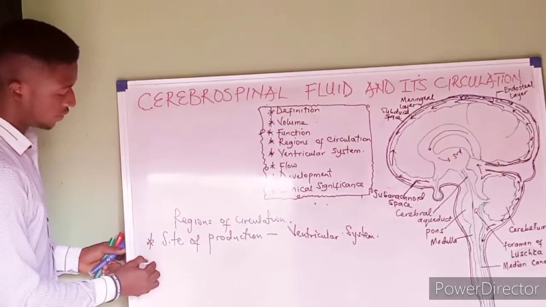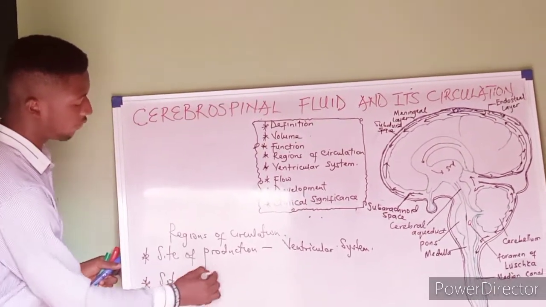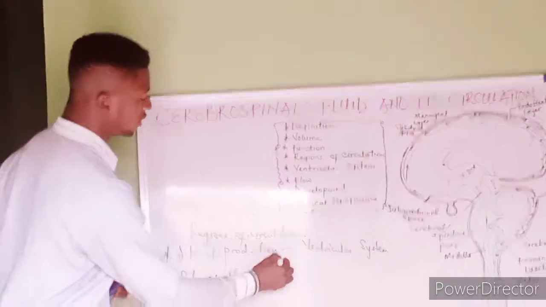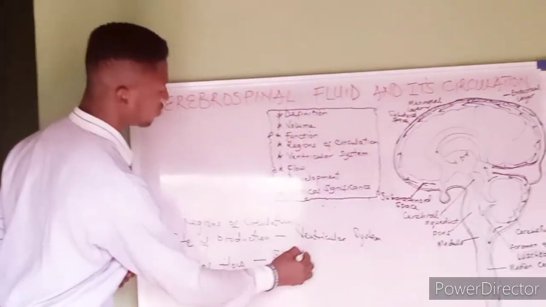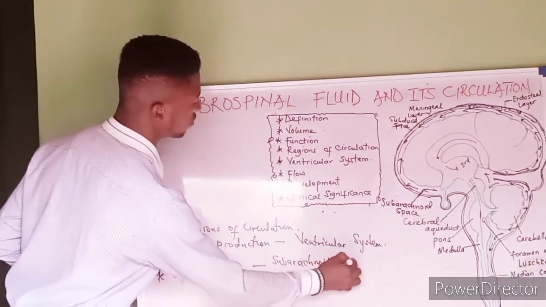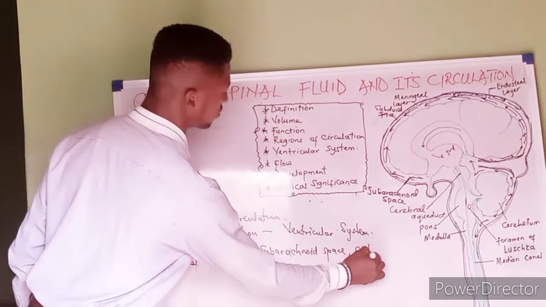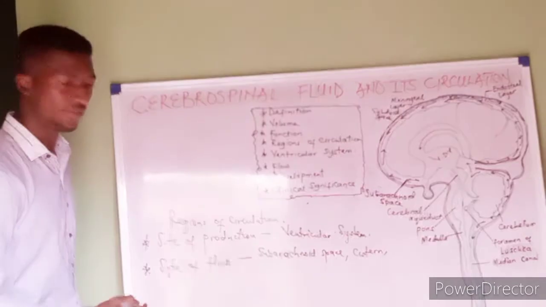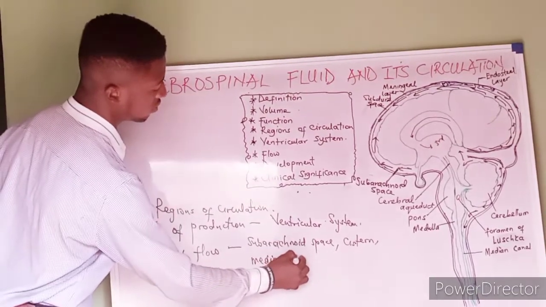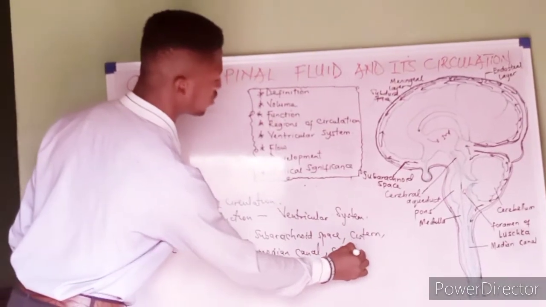We also have the site of flow. The site of flow includes the subarachnoid space, we have the cistern, we have the medial canal, as well as the sulcus.